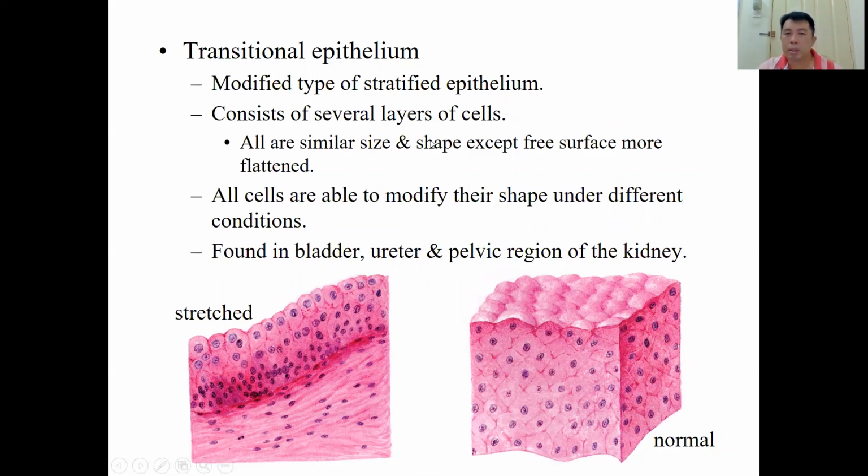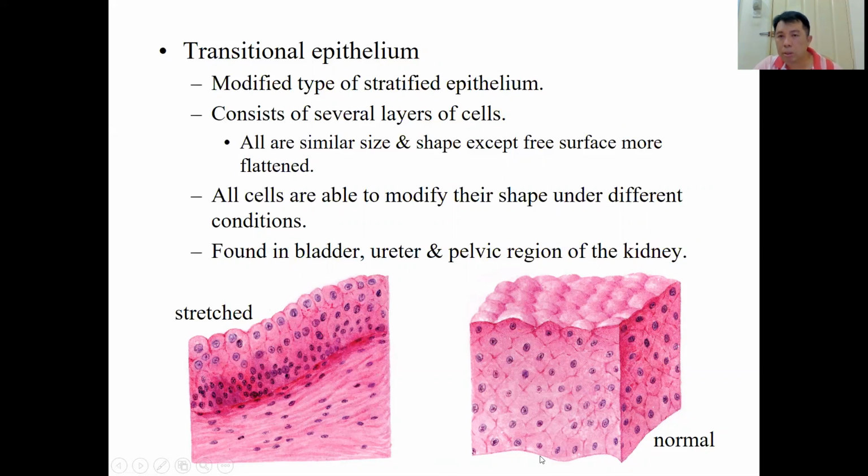All are similar in size and shape except the free surface, which is more flattened as usual. So all the cells are able to modify their shape under different conditions. For example, once the urinary bladder is full with urine, it will be stretched in this form. You see here, it becomes squamous.